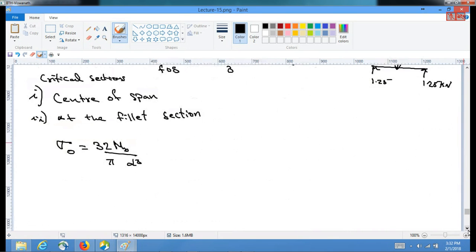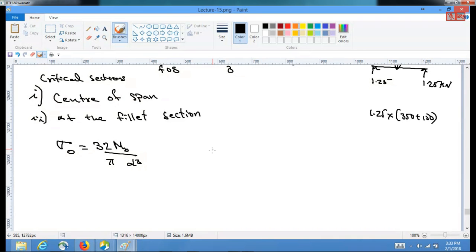Now let us consider the case of bending stress at the first section. It is given by 32 MB by pi d cube, where MB at the critical cross section we can directly write by taking the reaction force, 1.25 into 350 plus 150.